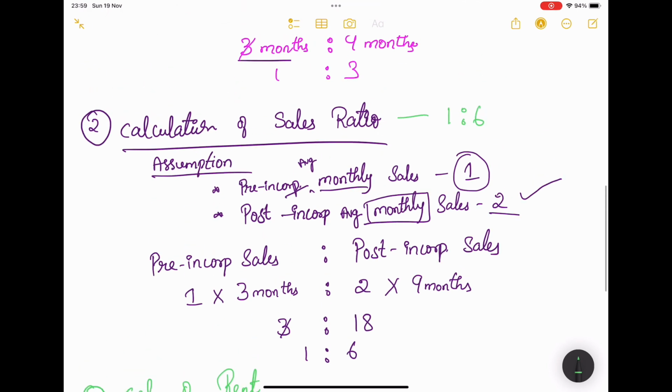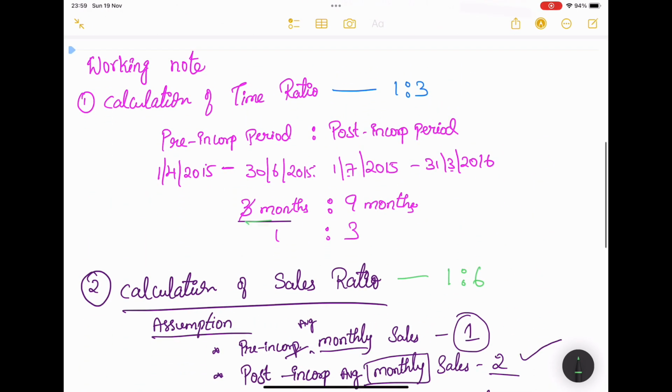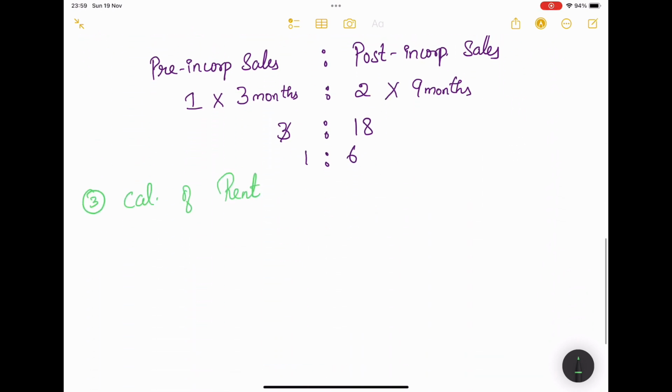Here we have calculated it, no? So in the question itself, pre incorporation rent, that is 3 months rent, is to the remaining, post incorporation rent, that is 9 months.